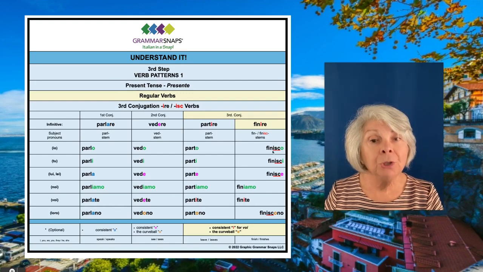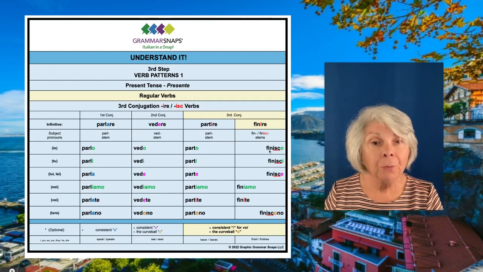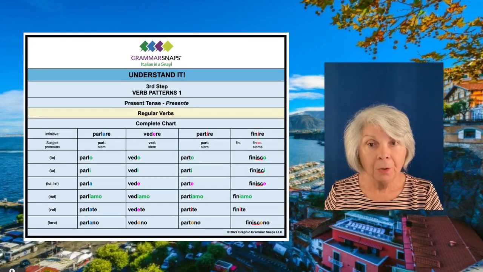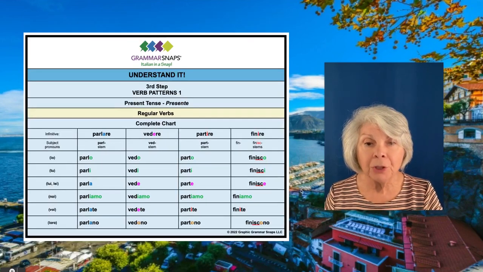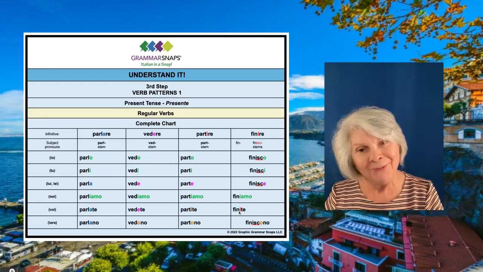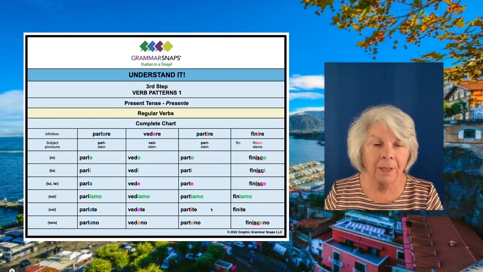Okay, so what we do is follow this pattern, carry it over. We see that the green endings are the same, they don't change, and the curveball is carried over. Here is a different perspective, the complete chart. I left these two to the left to remind you that they follow that pattern.